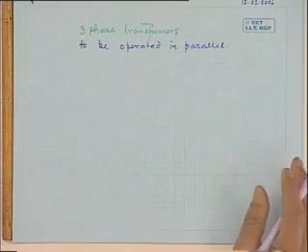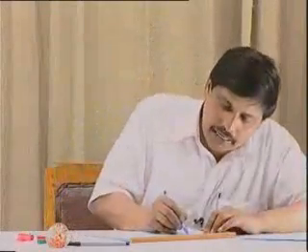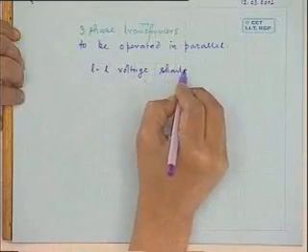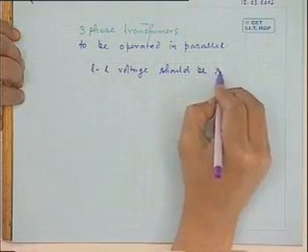Obviously, what you will suggest to operate two three-phase transformers in parallel? First thing, the line-to-line voltage rating should be same. See, primary side you will parallel, secondary side you will also parallel. So, line-to-line voltage of the three-phase transformers must be same.